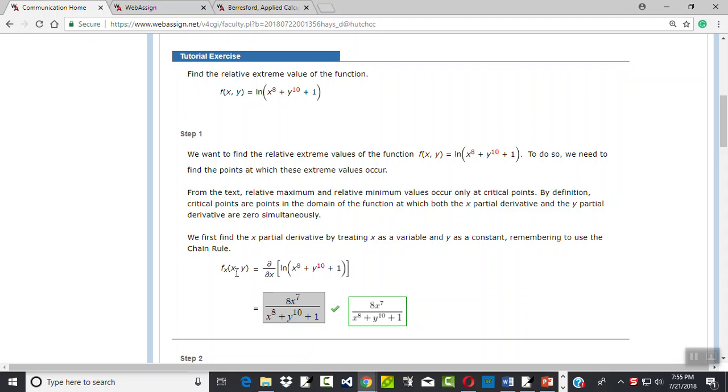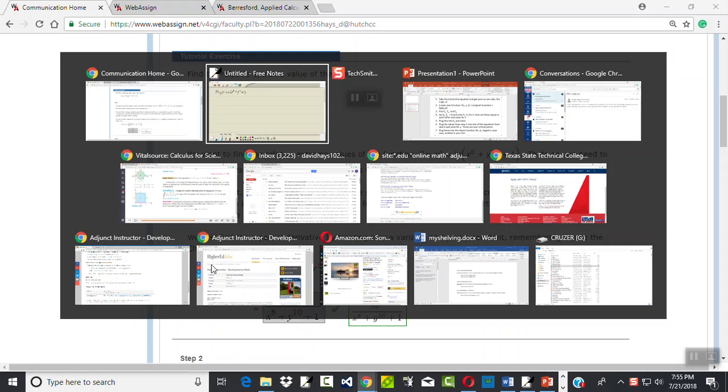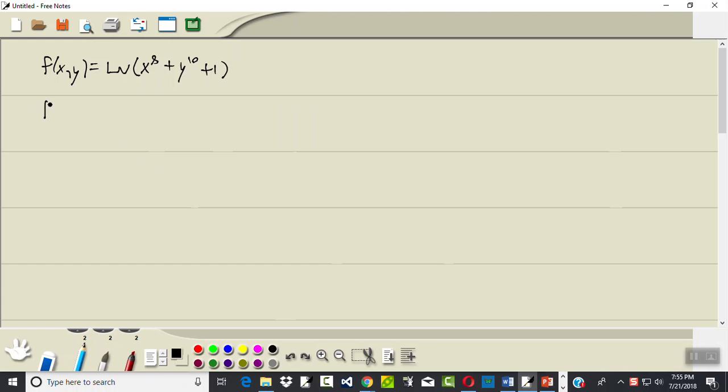We want to find our first partial with respect to x. Well, the derivative of natural log of anything is 1 over that anything. So 1 over x to the 8th plus y to the 10th plus 1, times the derivative of what's inside.